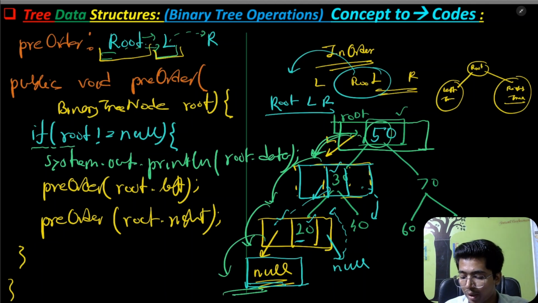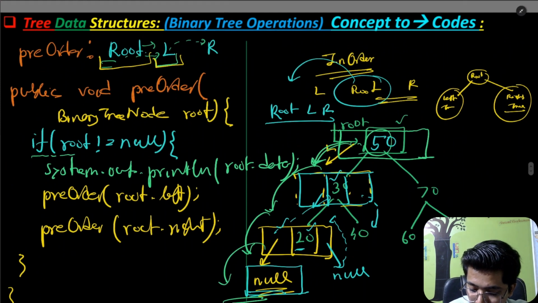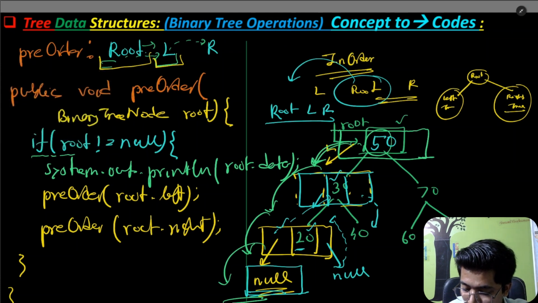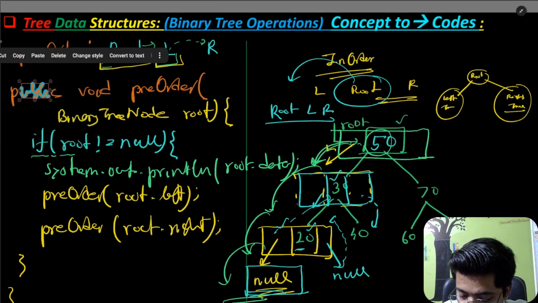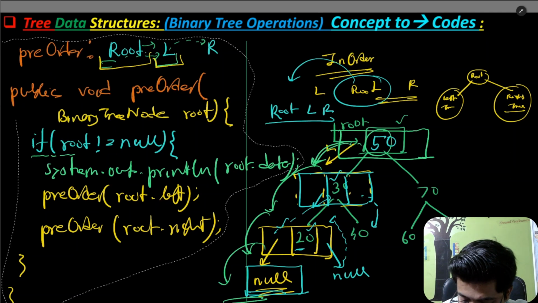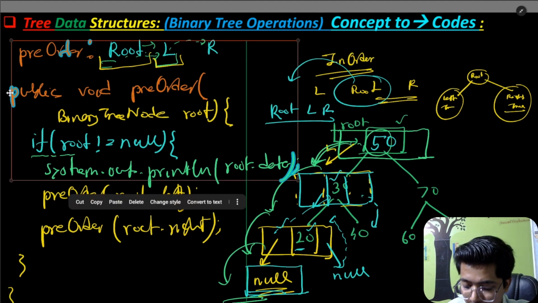So this is how it will work, and how it actually works is, we'll be taking this program from here. So we'll be trying to understand with respect to the entire program.